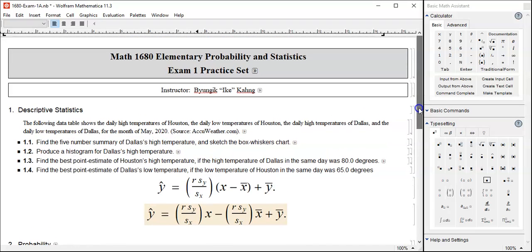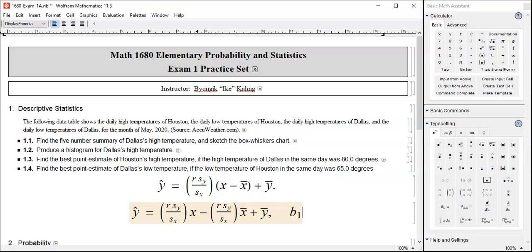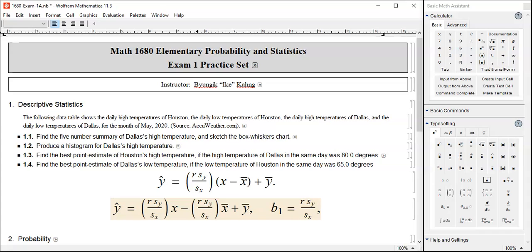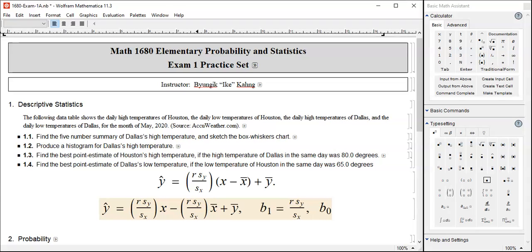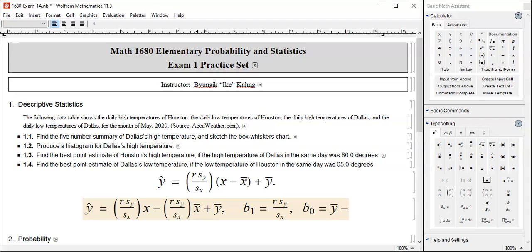Okay, and then we're going to name B1 as this quantity, and B0 as this quantity, y bar minus this.